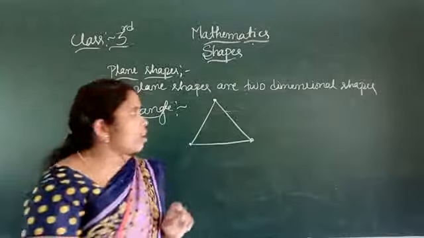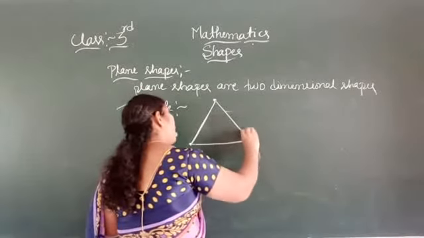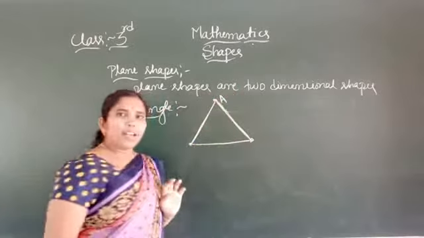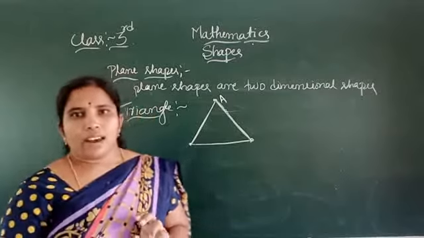Here, observe. These two lines meet and form vertex A, or corner A. Understand?